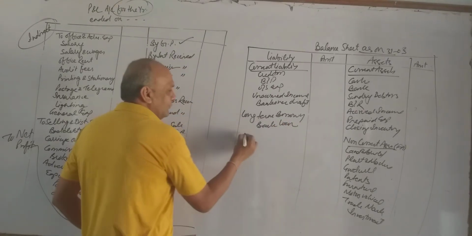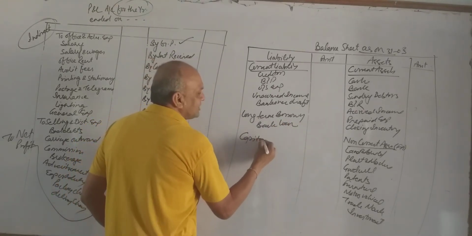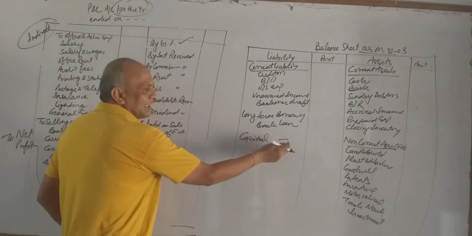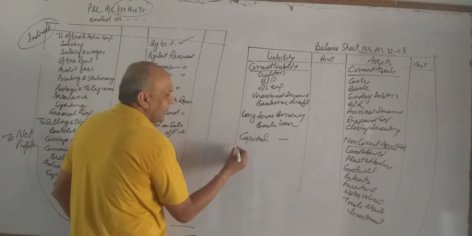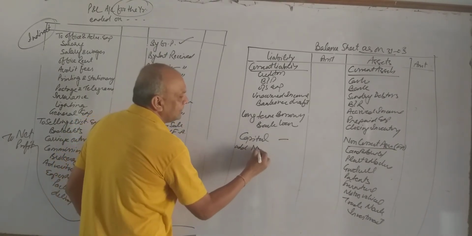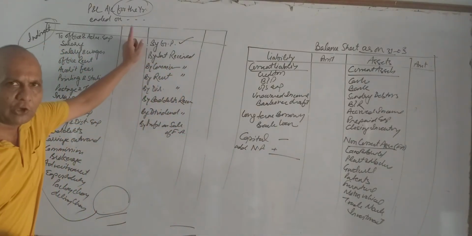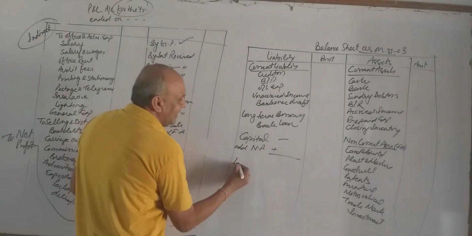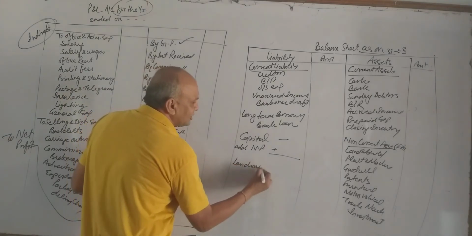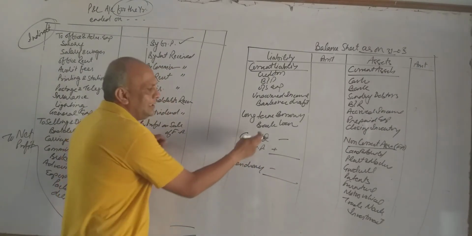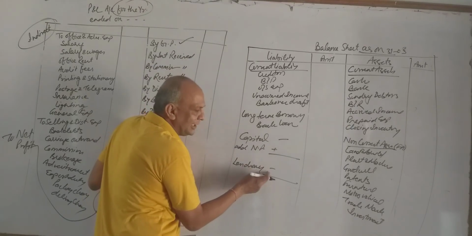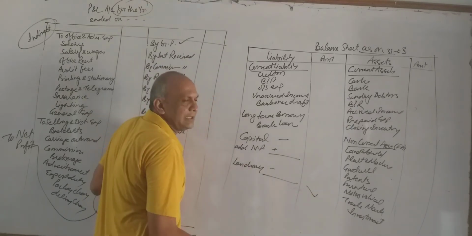Then we are going to show over here capital. Write the capital in the inner column. Add net profit, the net profit which we get from the profit and loss account, and at last we are going to deduct less drawing. In capital, add net profit, deduct drawing, and the balancing figure will come over here.